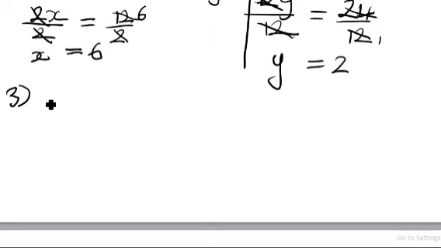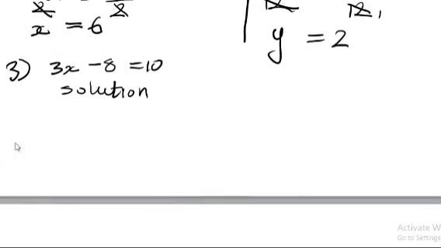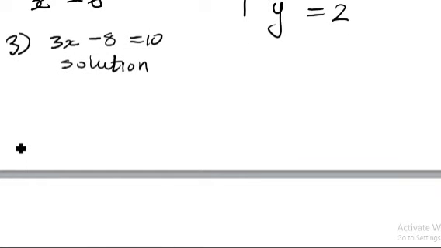Example 3, let's say we have 3x minus 8 equal to 10. Solution. Here the same thing, instead of having 0 here we have 10, so let's do the same thing. Let's transfer the constants to the right hand side and leave the variable on the left hand side.